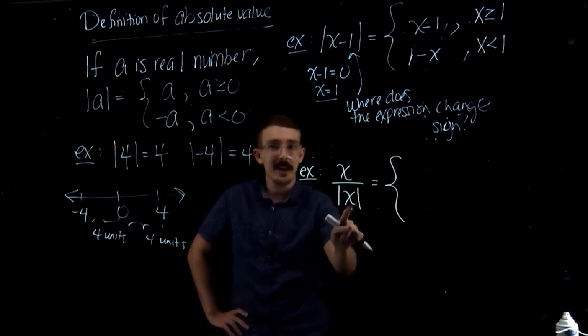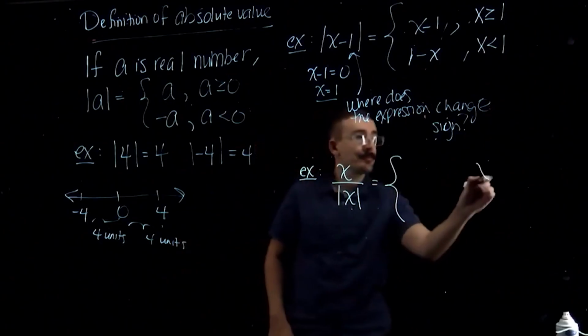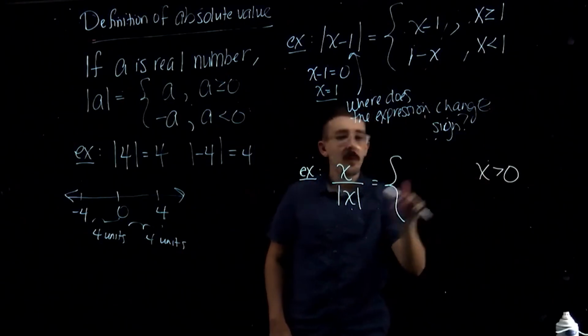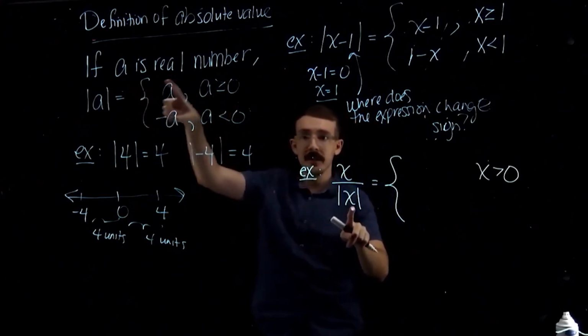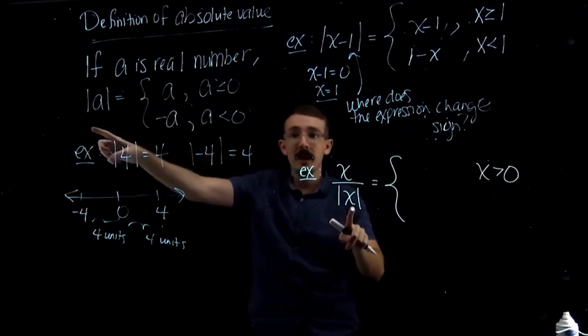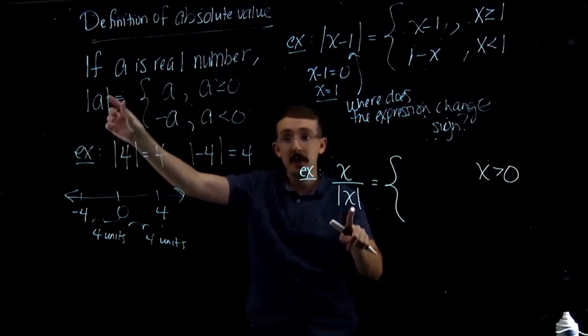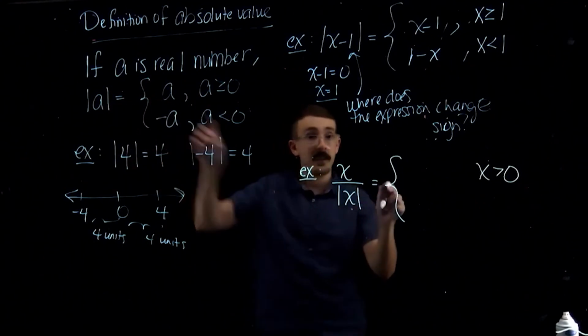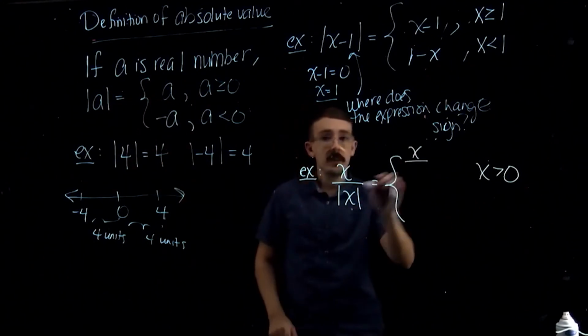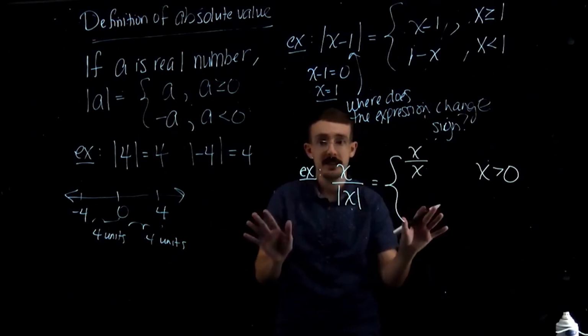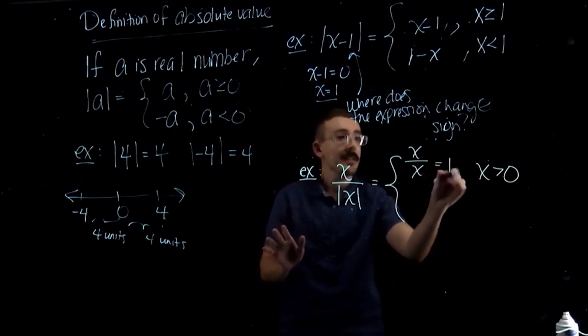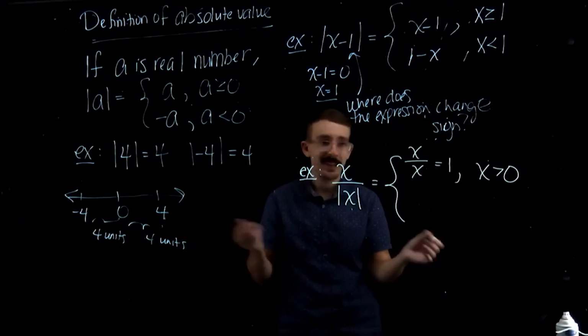Well, that's just going to be when x is positive. So when x is a positive number, we use the first line of the definition. So when a is positive, you just drop the absolute value bars and write what's in there. So this will be x over, then we drop these absolute value bars and just write what's in there. So it's x. However, that's just equal to 1, right?